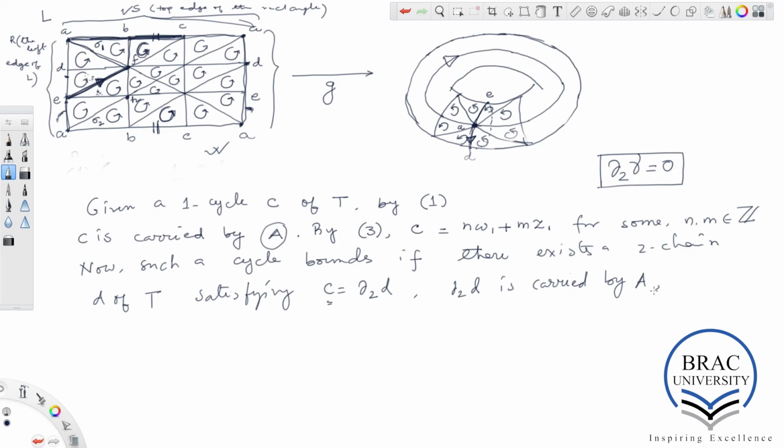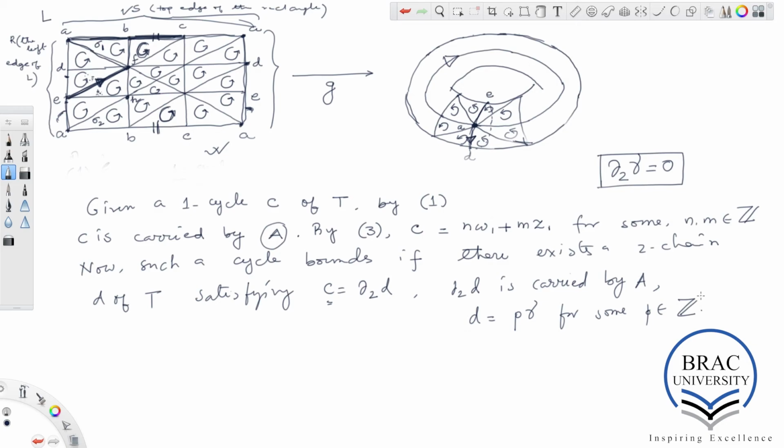So D is equal to P gamma for some P belonging to the set of integers.